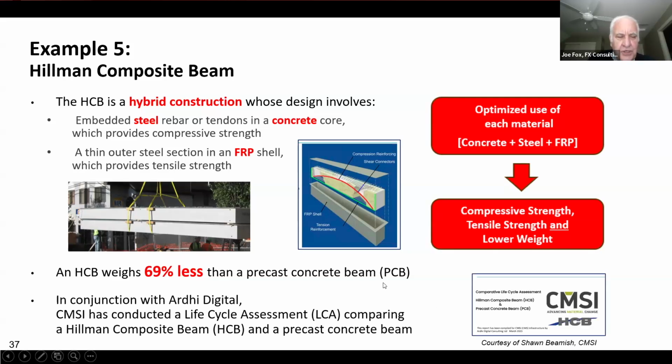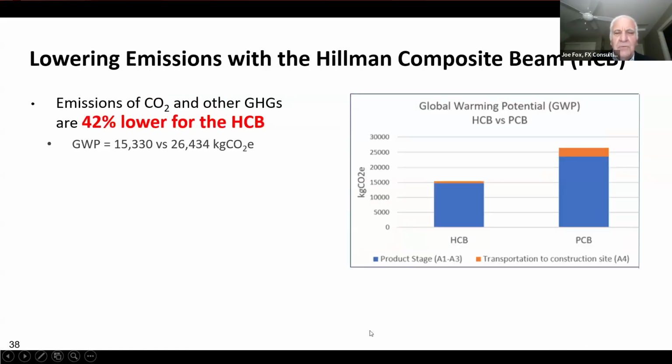Now, in conjunction with RD Digital in the UK, CMSI, a Canadian composite fabricator, has conducted a life cycle assessment comparing a Hillman composite beam and a precast concrete beam. And here are the results of that LCA.